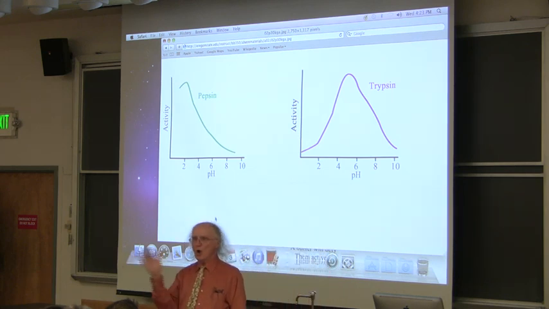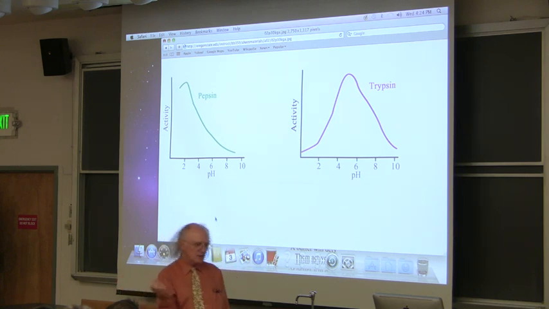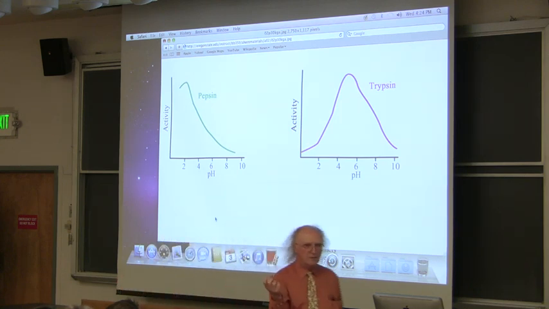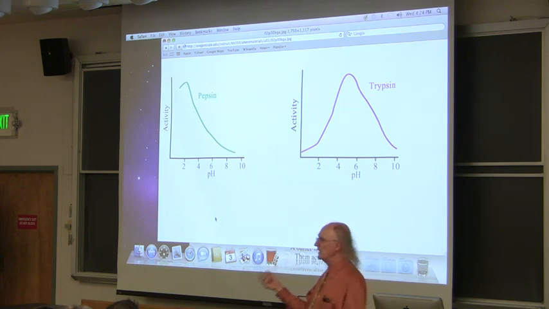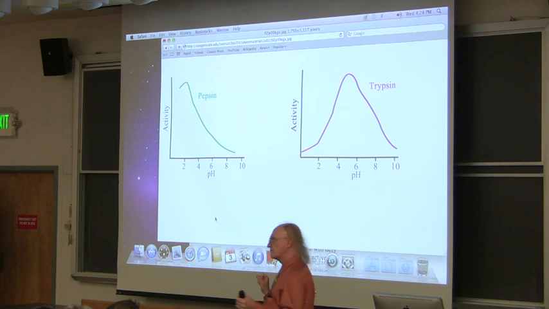We have buffers that hold it in that range because if we get very far away from 7.4, we start damaging proteins. Damaging is used in a very loose sense here, because damage to proteins basically means that we alter their shape and their function.